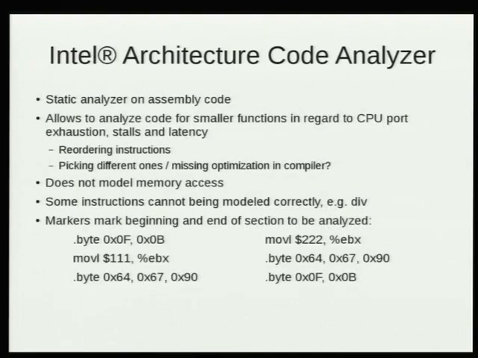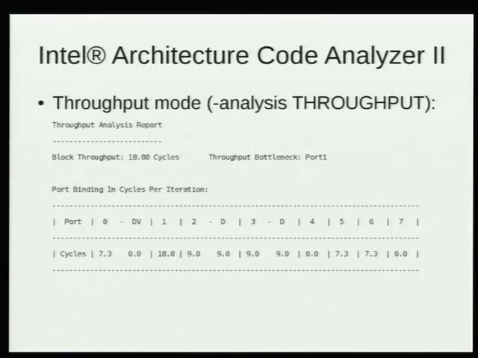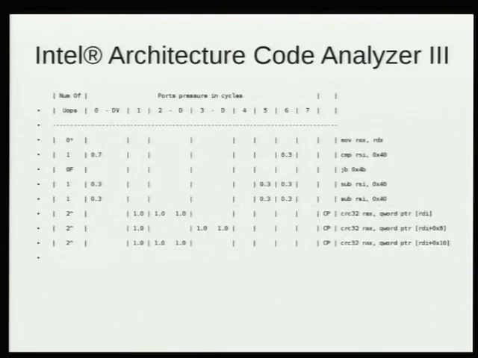And you have mostly two modes. One mode is the throughput mode, where it tells you which port in the CPU is pending and which is executing which instructions at that time. For example, this is the CRC example. It tells me that it needs 18 cycles, and I have a throughput bottleneck on port 1. It gives you a lot more information, but I'm a bit short on time.